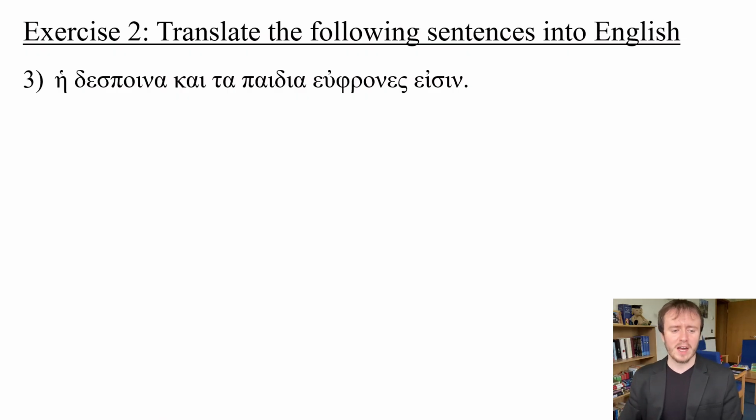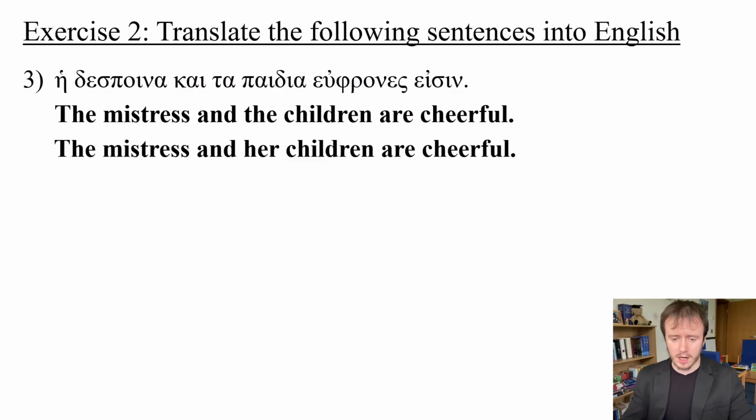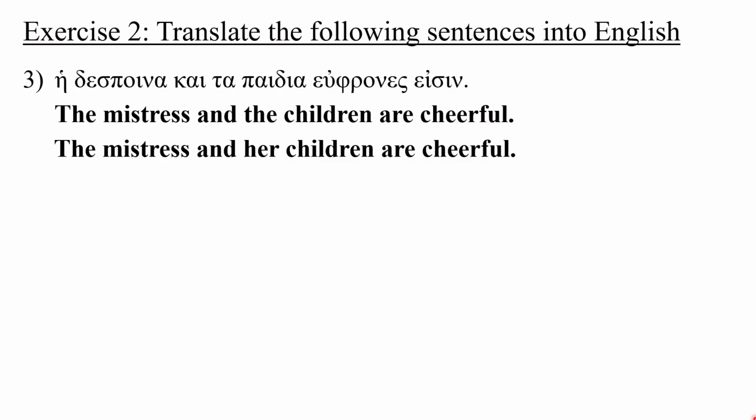Number 3 is he despoina kai tapaidia euprones eisin. You should have translated this one as the mistress and the children are cheerful or merry. Or you could have said the mistress and her children are cheerful or merry, understanding the word her from the fact that it's probably the mistress's children that are being mentioned here. I should note that tarpaidia are technically the little children, because paidion is a diminutive.